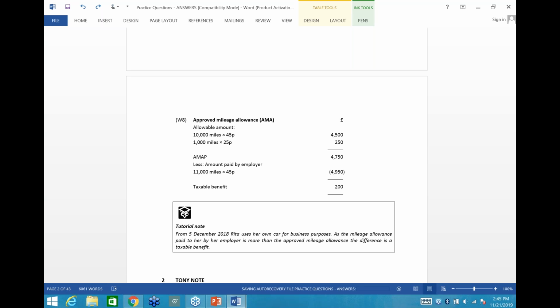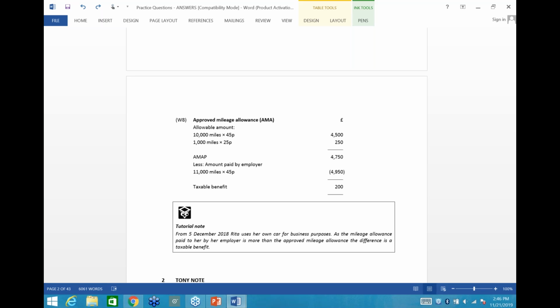But then what happened was on the 6th of December, I bought this car for myself. Now I own a car and I am using my own car for business journeys from 6th of December to 5th of April 2019. I have traveled 11,000 miles for business purposes.